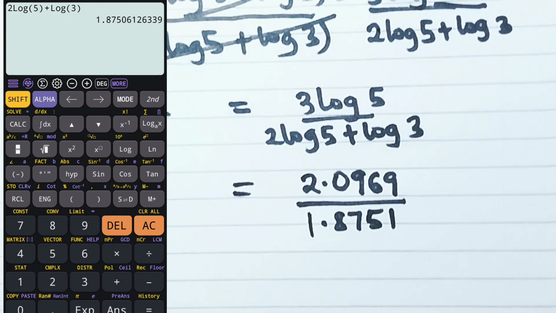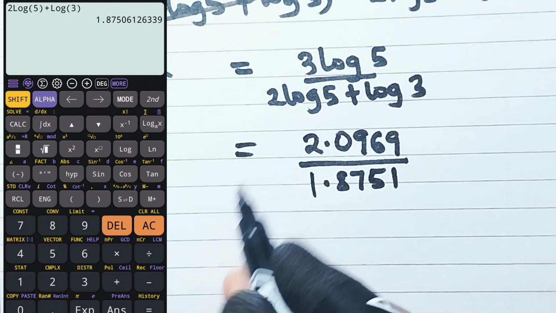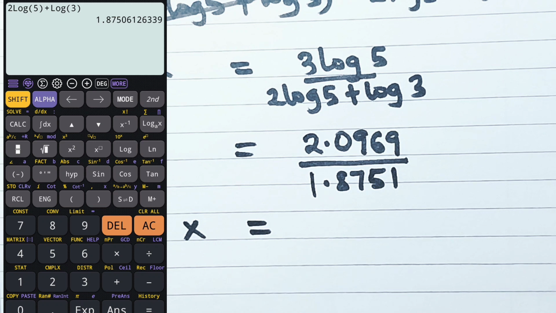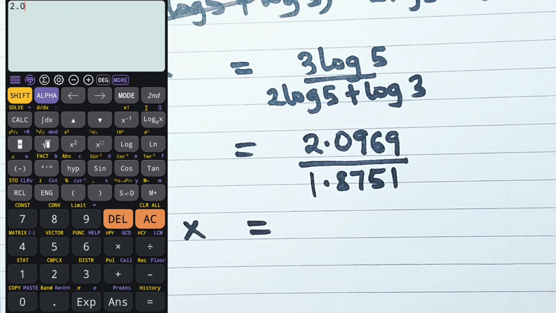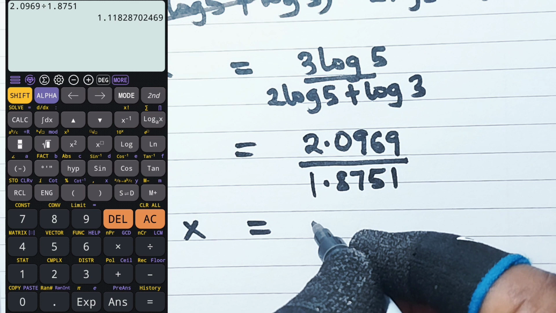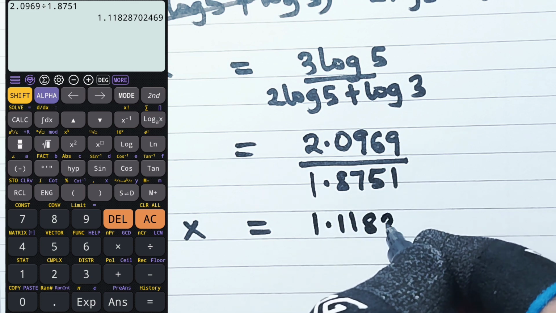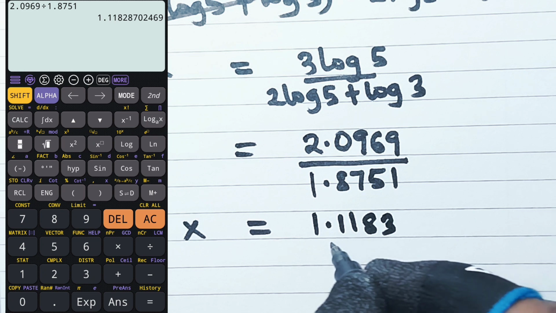So we can go ahead and divide this. So we get x is equal to 2.0969 divided by 1.8751, and that is approximately 1.1183. So this is your final answer for x.